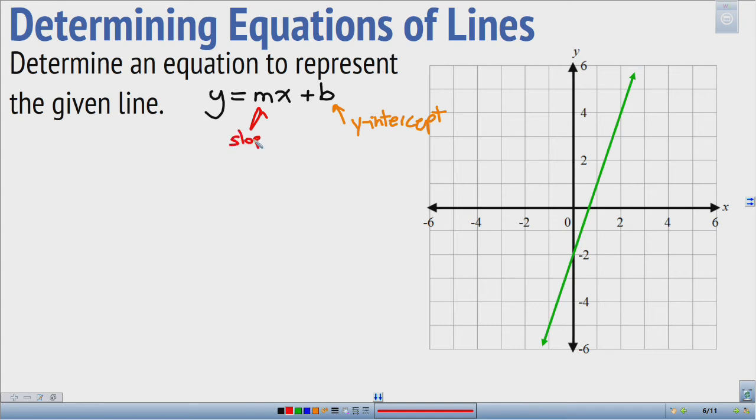So we need to find those two things. The y-intercept is where this line crosses the y-axis, so it crosses right here.